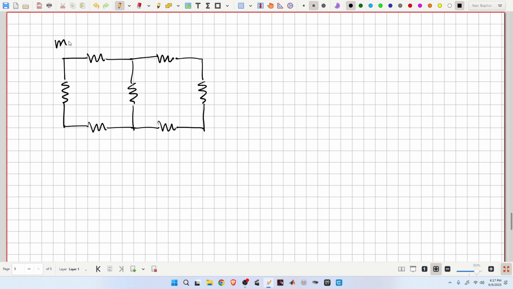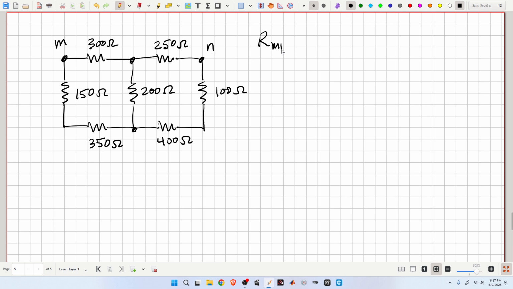And here will be node M and N. This is 300 ohms, 250 ohms, 200 ohms, 100 ohms, 400 ohms, 350 ohms, and 150 ohms. What is the impedance between, the resistance between nodes M and N? RMN equals what?